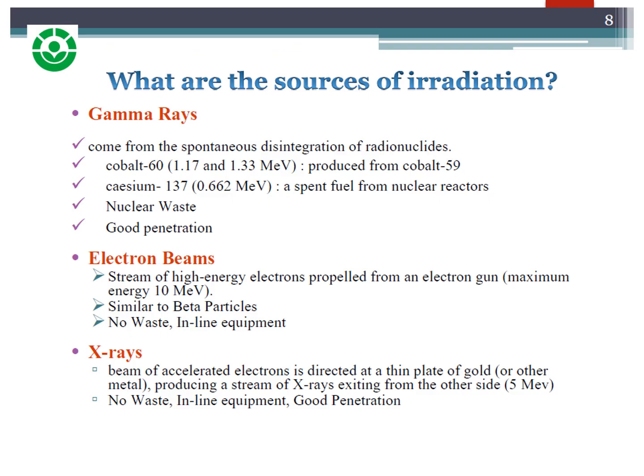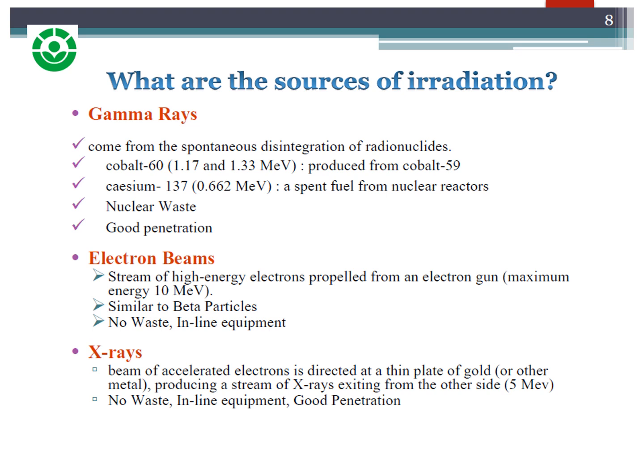Next, what are the sources of irradiation? Already we said gamma rays, electron beams, and X-rays are the main sources for irradiation. Gamma rays come from the spontaneous disintegration of radionuclides.